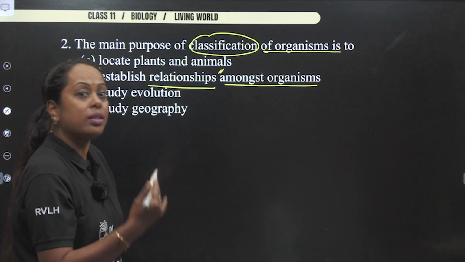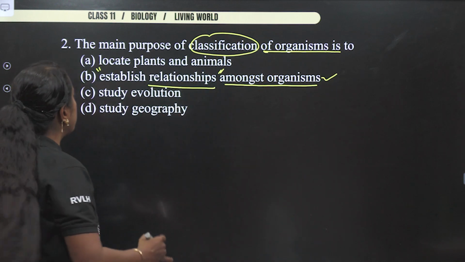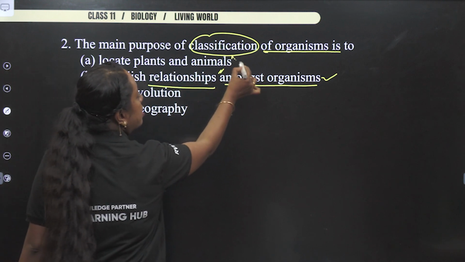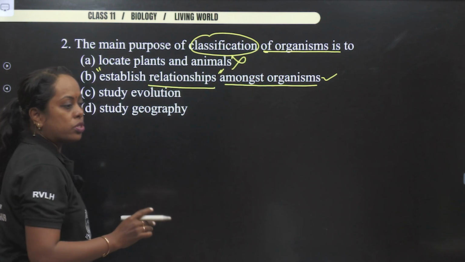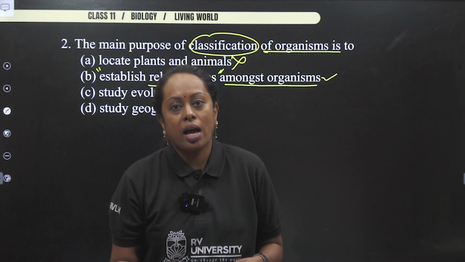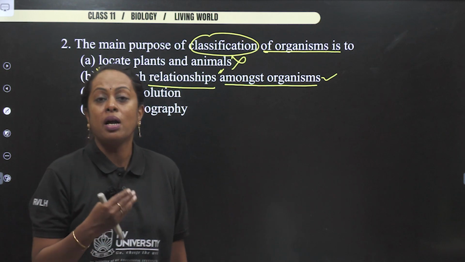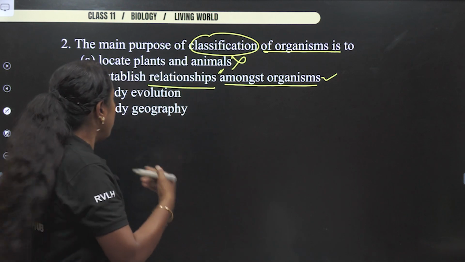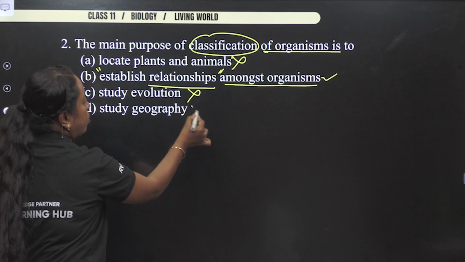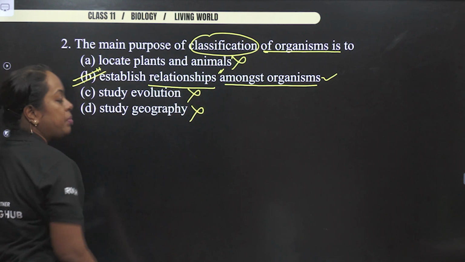But let us see the other options. I'm putting a tick mark here and comparing it with the other options. Locate the plants and animals, wrong. Study evolution means the interrelationship of organisms, or the study of evolutionary or phylogenetic relationship. I can use the word systematics, but not study of evolution, not study of geography. So thereby your answer is option B.